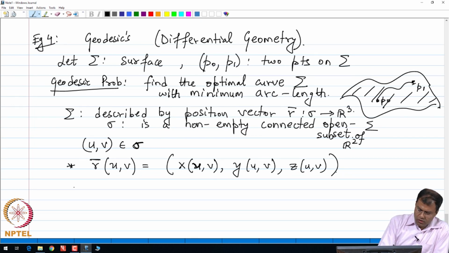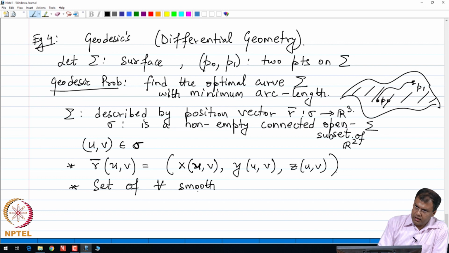So, it turns out that I can further simplify this description of these optimal curves using a single parameter, let us say t. So, let us say the set of all smooth curves. When I say smooth, I denote continuous piecewise differentiable curves.